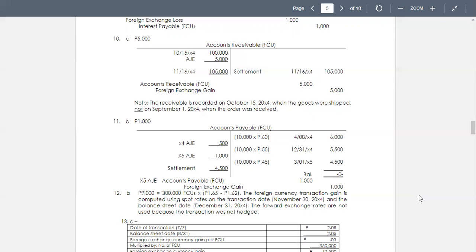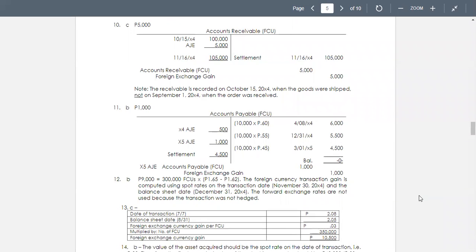Now, number 13, what's the requirement in number 13? We have payment in FCU is due on September 7, 2024. The exchange rates to purchase one FCU are as follows. So we are given on August 31, depending upon the rate, spot rate, 30-day rate, and 60-day rate.